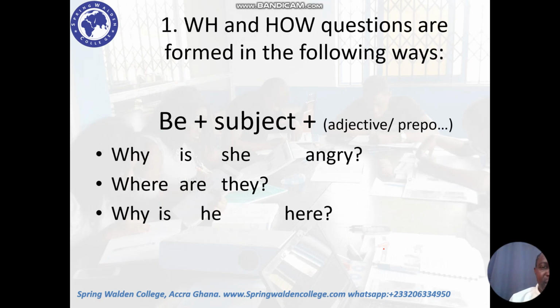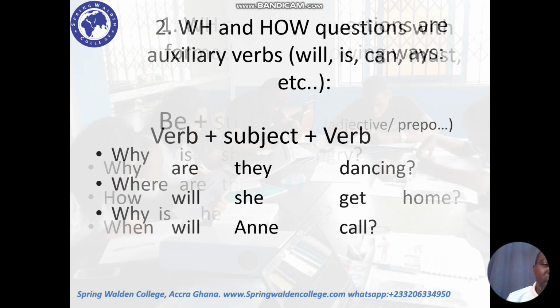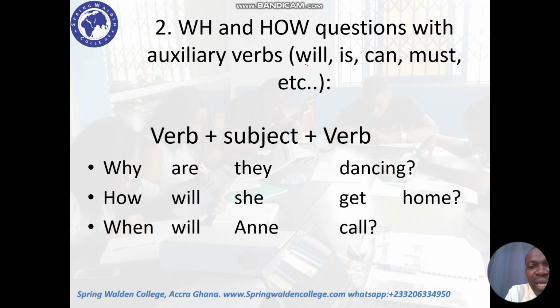Now let's look at their structure in grammar, or their position in the question. Generally, question words come at the beginning of the question. So we have the question word plus the verb to be plus the subject. Where are they? Sometimes it may not be only the verb to be. We may have other auxiliaries like will, can, must, could, should.